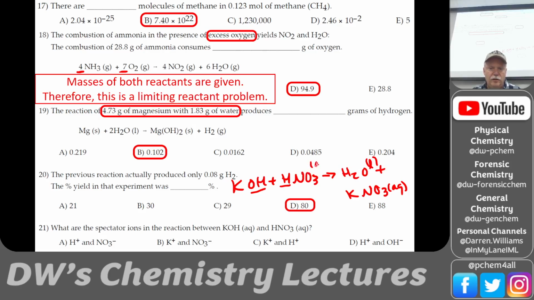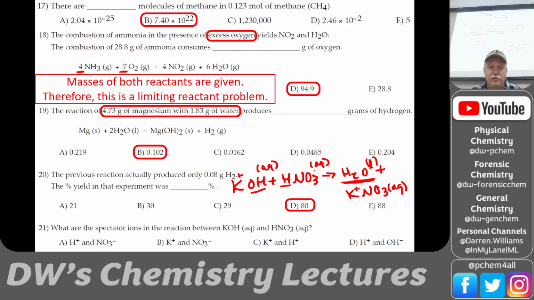This was aqueous, and this was aqueous. So I don't see a solid anywhere, so it's not a precipitation reaction, but I see that water as a product. So if I were to classify this one, it would be the acid-base reaction. It's an acid-base reaction that produces that water. And the potassium was a cation here, and it's a cation here.